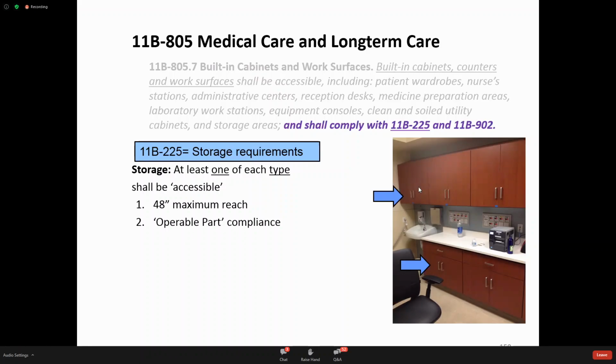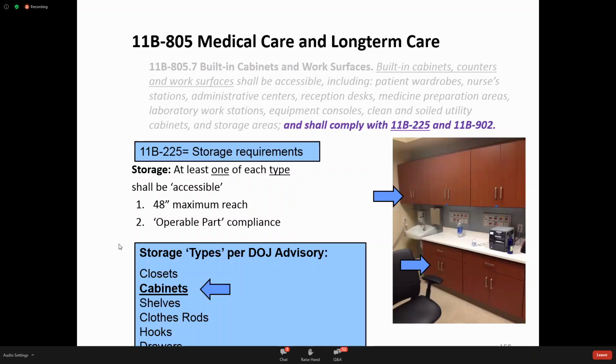Where is your accessible version of that if you don't have any lower cabinets? That's our problem, and that specifically applies, as that laundry list denoted, in staff areas in a healthcare facility. This is completely different than what you would do at a school or a restaurant or anywhere else. This only applies in healthcare facilities.